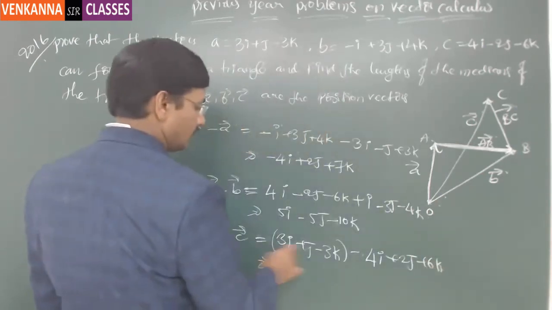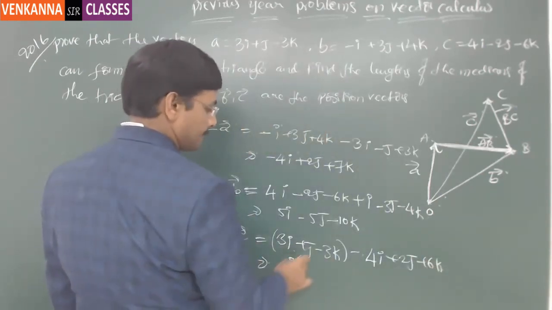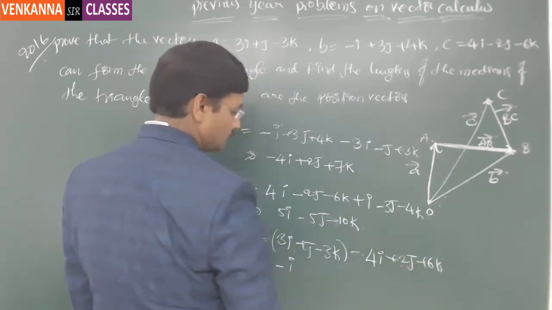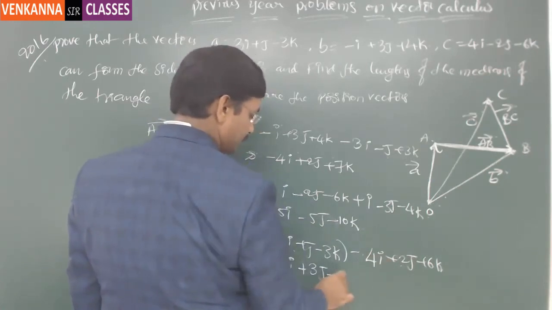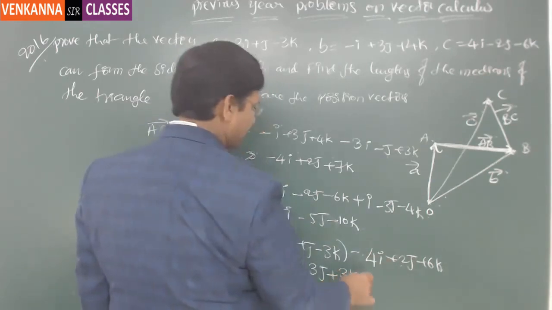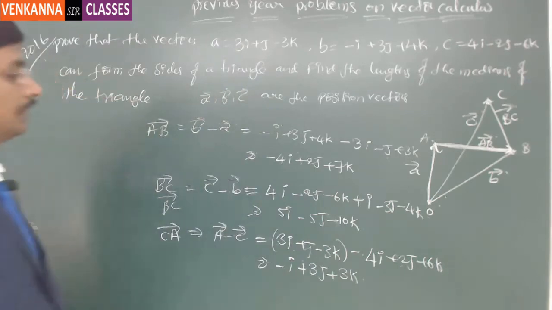So this is going to be minus i plus 3j plus 3k. Got it?